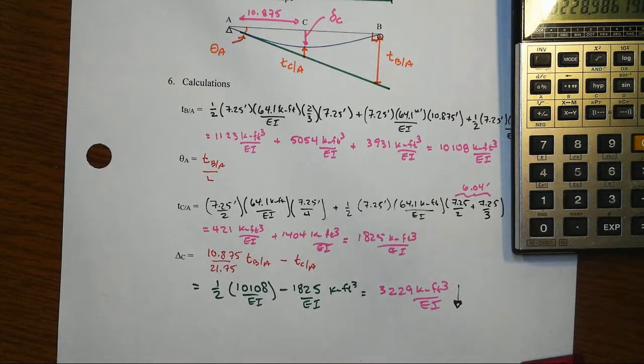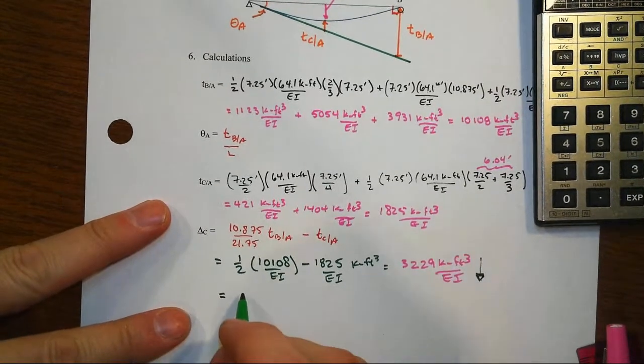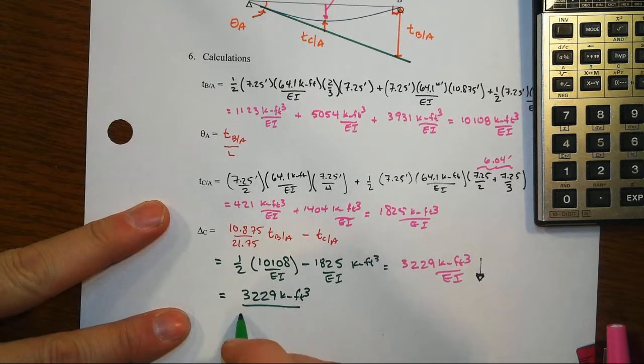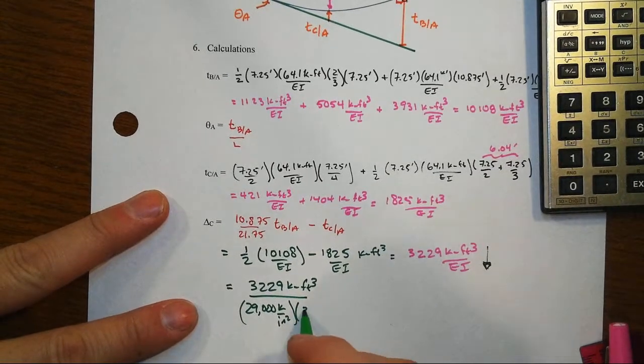Now that's symbolic in E and I, but let's go get the actual number that goes with this. Of course that's acting downward, and this is steel, so 3229 kip foot cubed over 29,000 kips per square inch, and the second moment of area was 375 inches to the 4th.